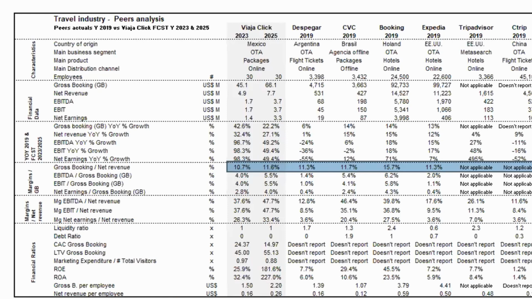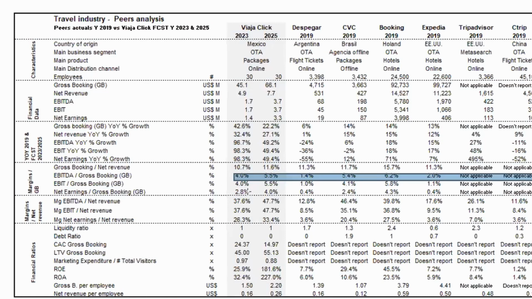But then, if I'm a cost leader, that is what ViajaClick is, having an average profitability is very valuable. Even if you're a cost leader, you're having an average profitability. Very nice. And you can start analyzing these kinds of issues with the gross bookings, with the EBITDA.